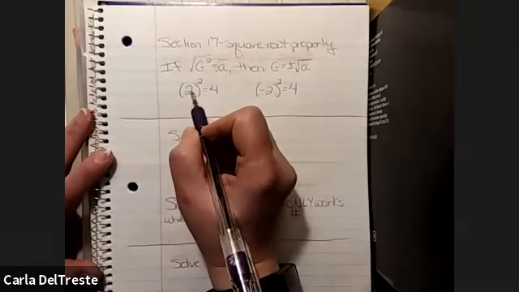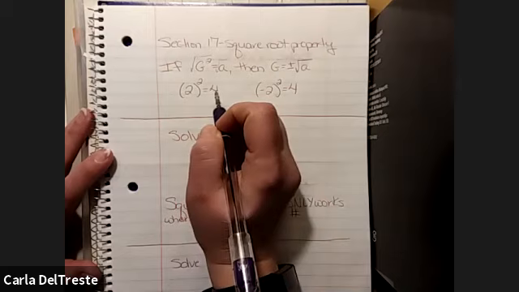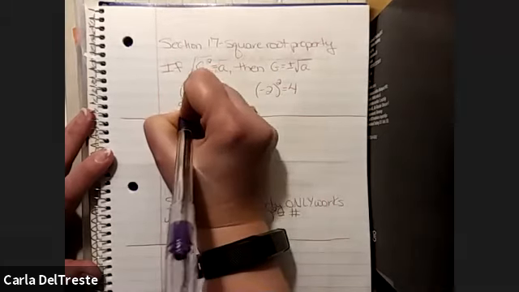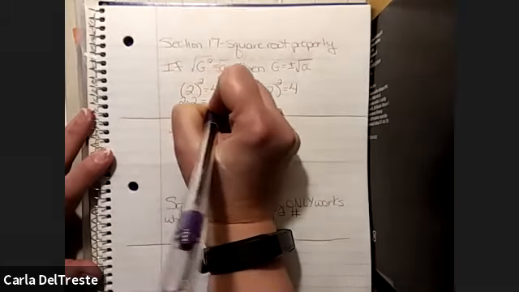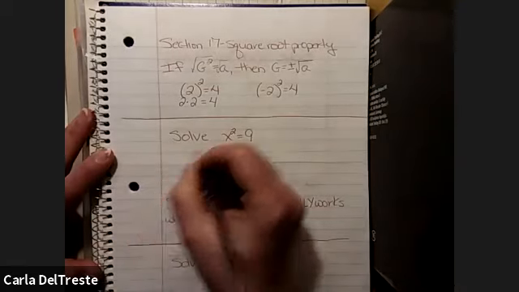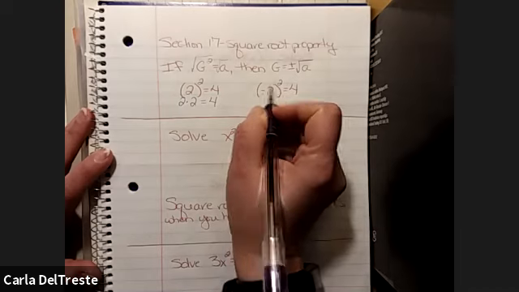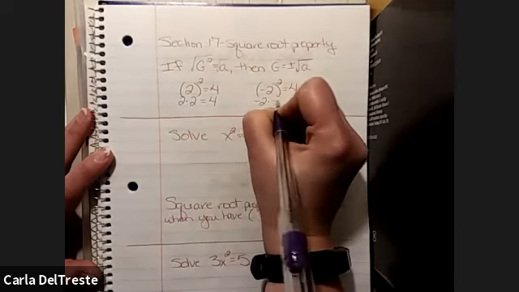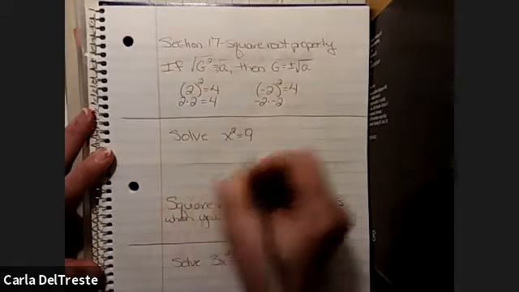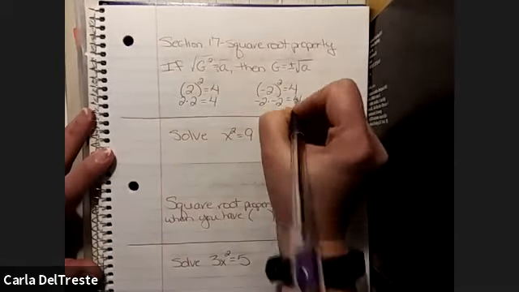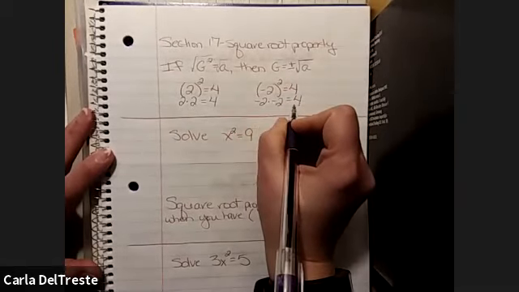We just said that 2 squared will give me 4. That's absolutely right, because 2 times 2 is 4. But it's also true that negative 2 squared, which means negative 2 times negative 2, will also give me 4, because a negative times a negative is a positive.